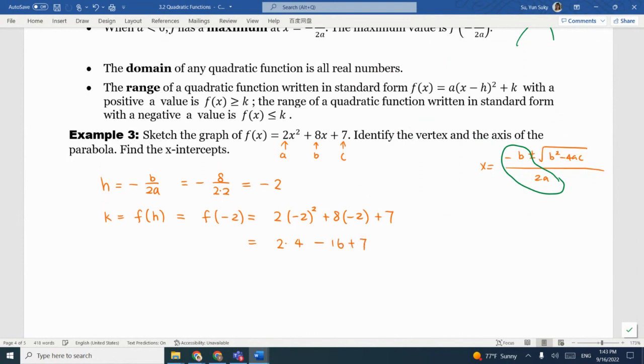It's 16. 2 times 4 is 8. 8 minus 16, negative 8, plus 7, negative 1. Very good. So we get our vertex. Vertex: h is negative 2, k is negative 1. And what's the axis of symmetry?